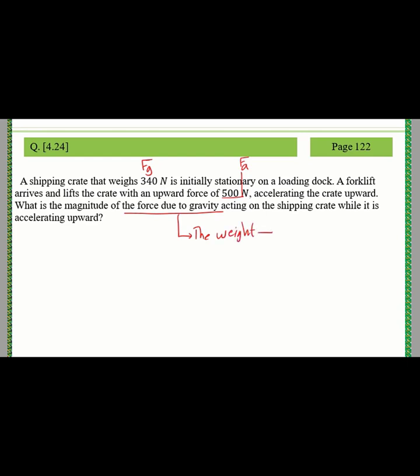This is the definition of the weight. And the weight will not change if the position is changed a little. The weight will change if you move to a very high altitude above the earth.